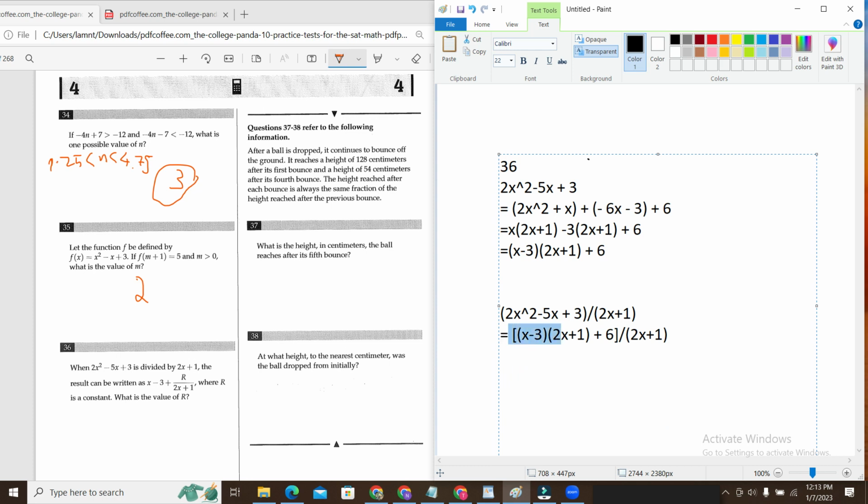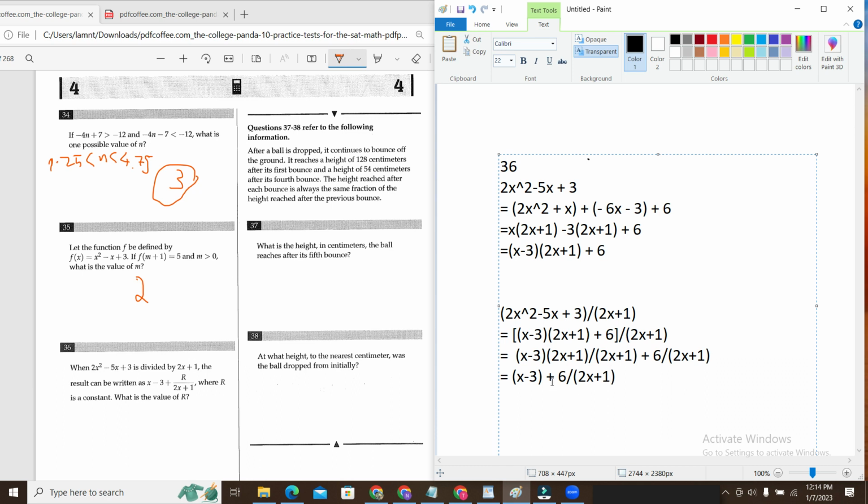We can split it into two fractions. First, x minus 3 times 2x plus 1 divided by 2x plus 1, and 6 over 2x plus 1. So the 2x plus 1 cancels out, where x minus 3 is left, and plus 6 over 2x plus 1.